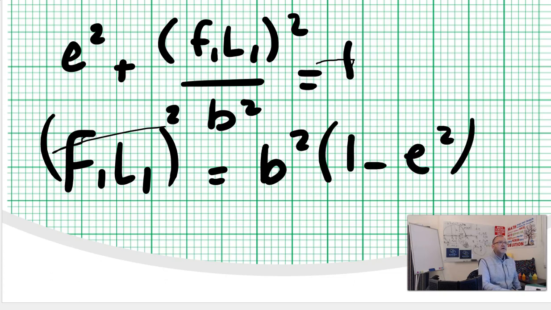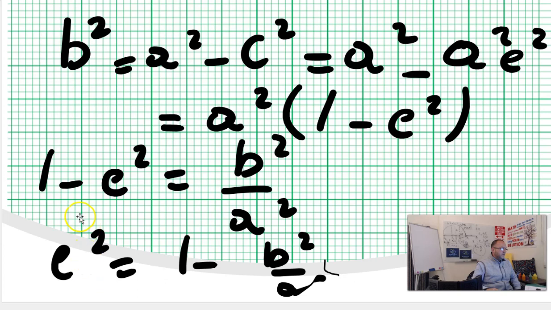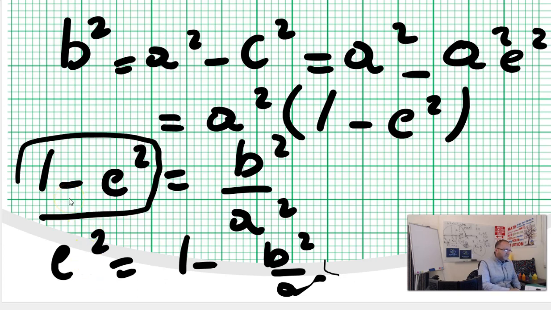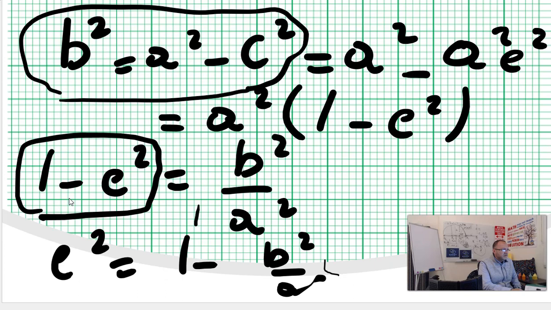Okay, now, what is 1 minus E squared? Look at it. You see it here? I don't memorize any of that. I only get it from the first one, the squish. It's B squared divided by A squared.